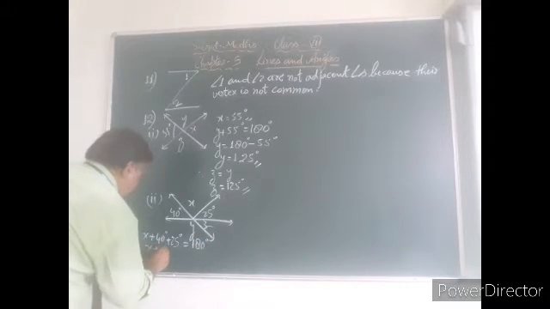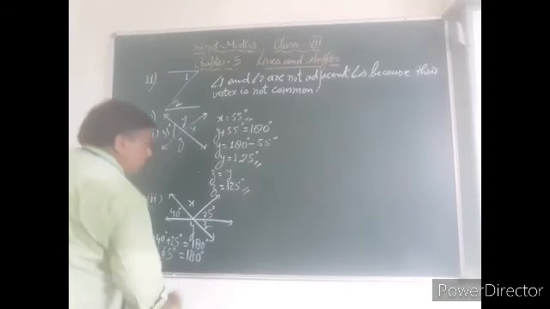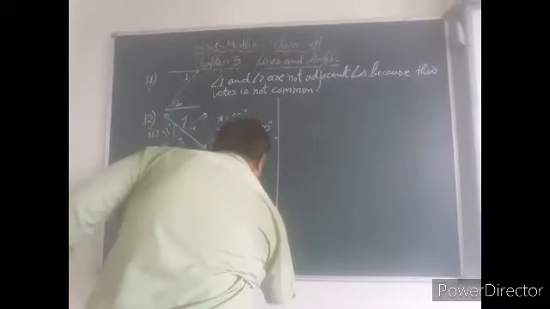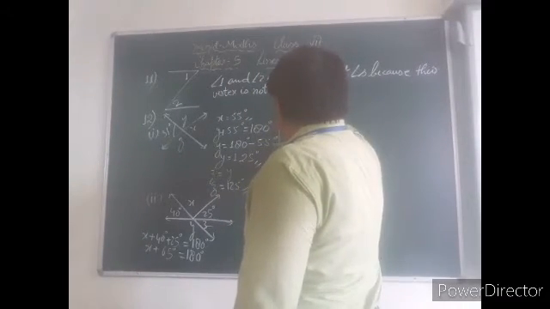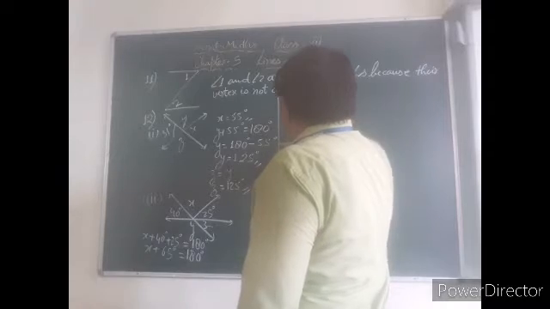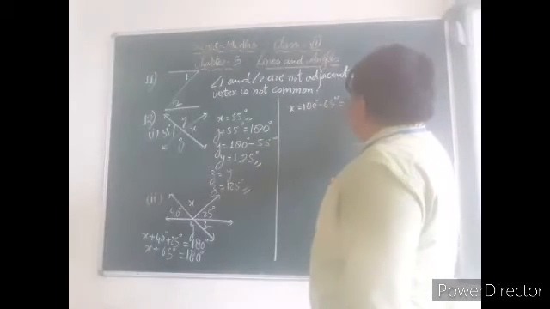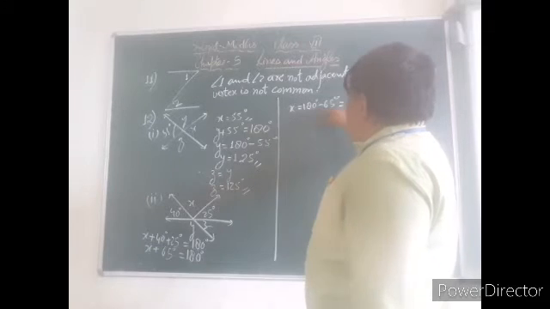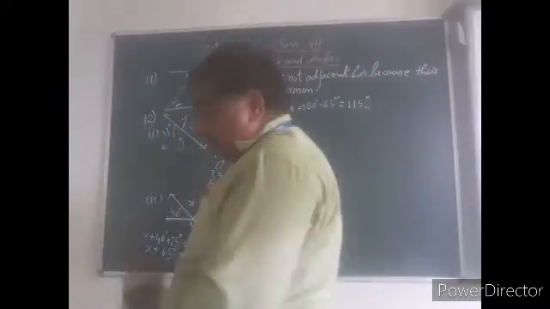So X plus 65 is equal to 180 degree. So X is equal to 180 minus 65, which is 115 degree.